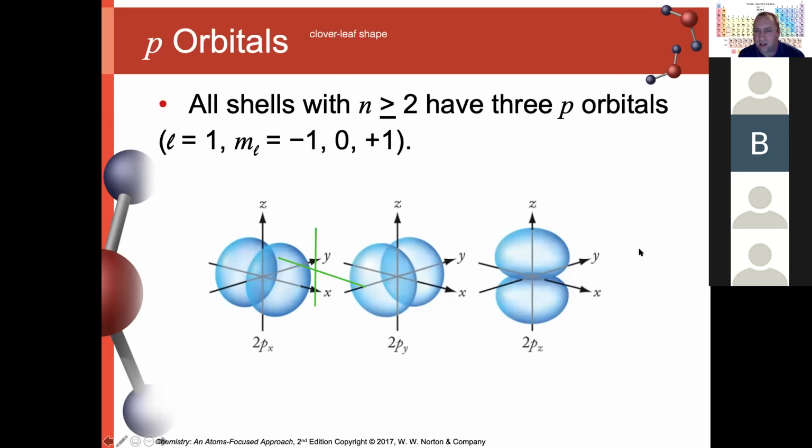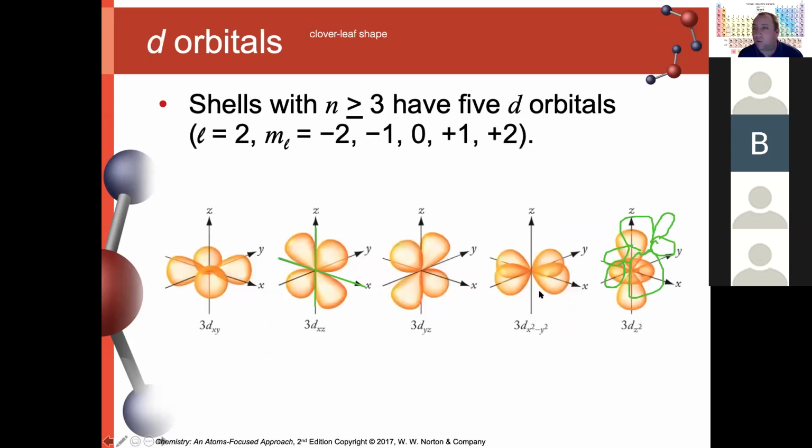If I take this one plus this one plus this one, you can see, and I apologize for the horrible drawing here, that in total they add together to something that is almost spherical in the same way that an s orbital is spherical.